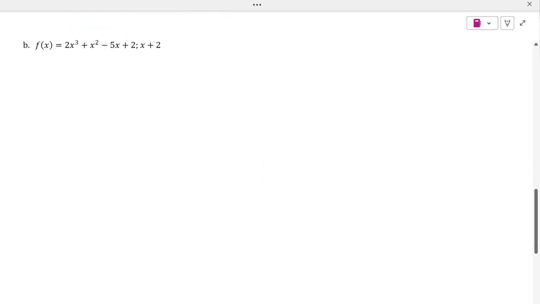In this example, the factor is x plus 2, and that means that the zero would be -2. Let's plug -2 into the function to make sure that it is, in fact, going to divide evenly.